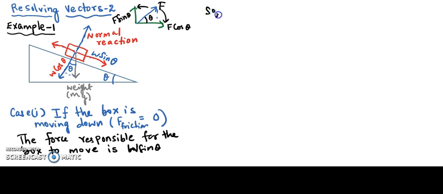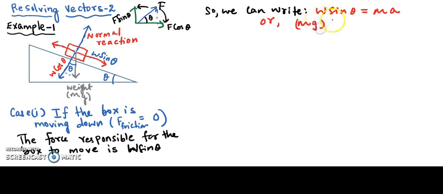So we can write that W sin theta itself is equal to ma, or in other words, mg, which is your weight, sin theta, is equal to ma. I can just cancel both the m's. In that case I will get the equation, therefore, g sin theta is equal to a.